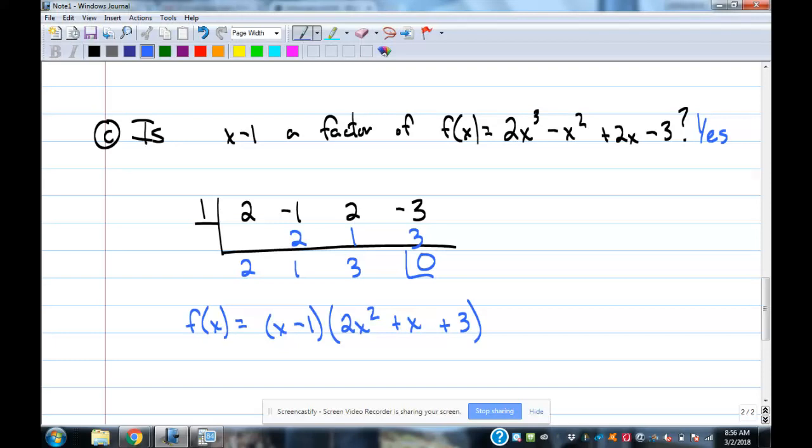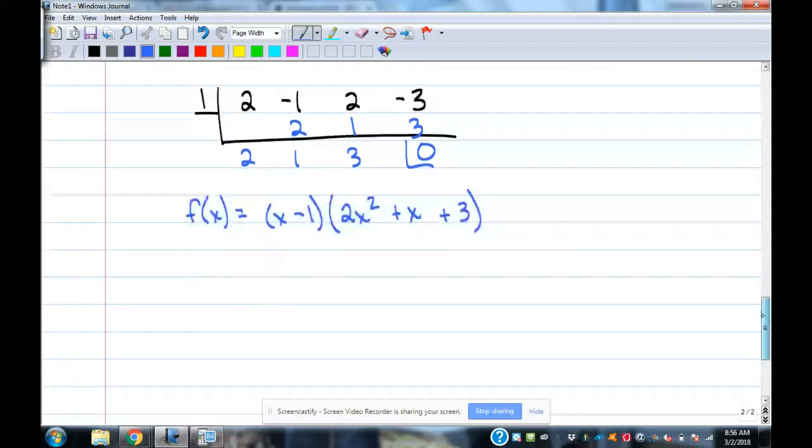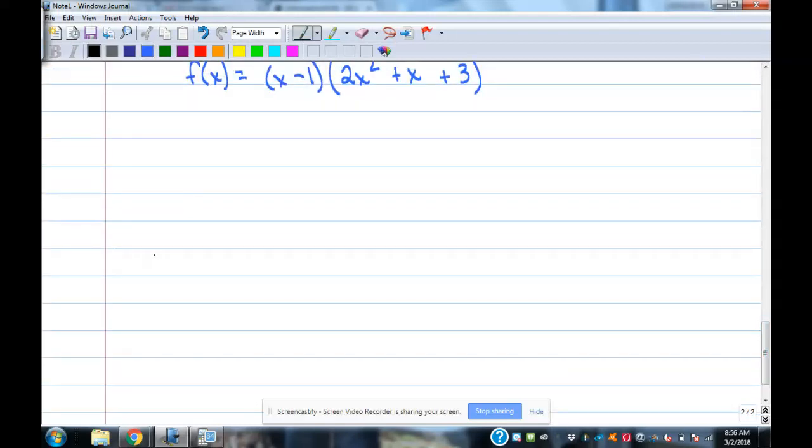So synthetic division is going to help us break a polynomial down to where we get some quadratic pieces out of that. So let's start actually doing that, breaking polynomials down from nothing. So let's do this.